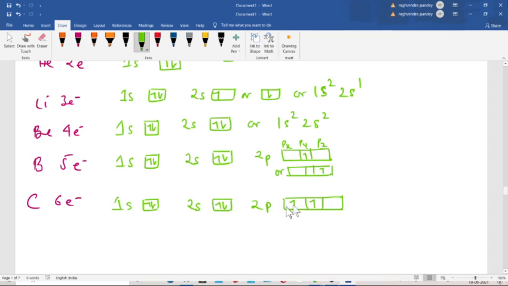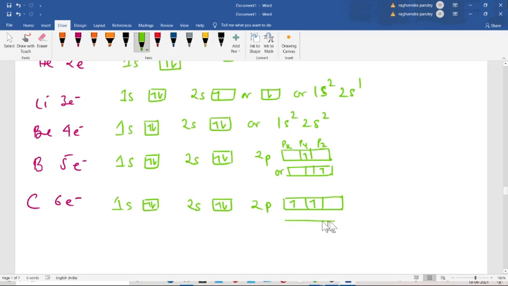So when we have a chance to fill electrons in degenerate orbitals, we fill them singly, because both electrons have negative charge, so they repel each other. There is electrostatic repulsion, so that's why they go into separate orbitals.